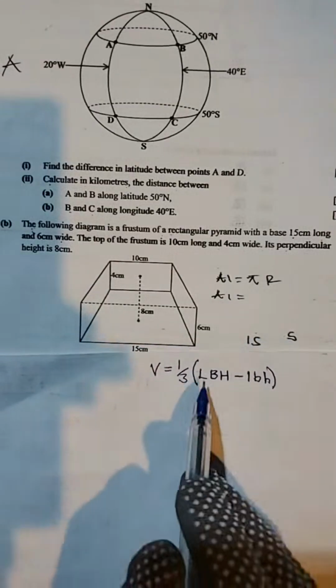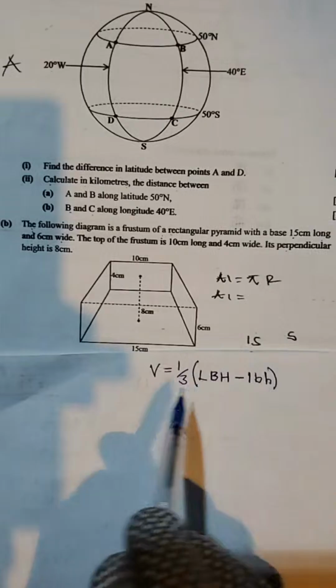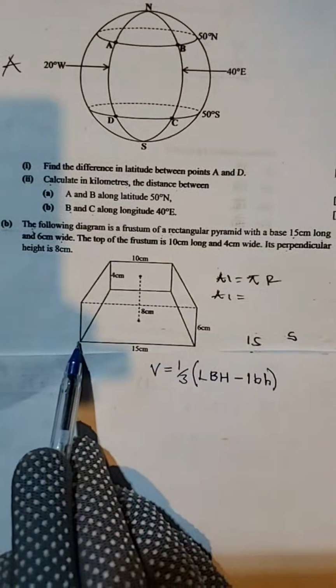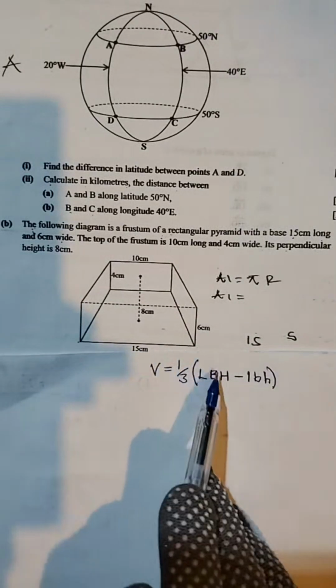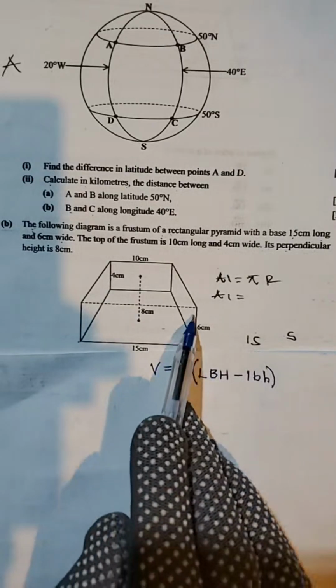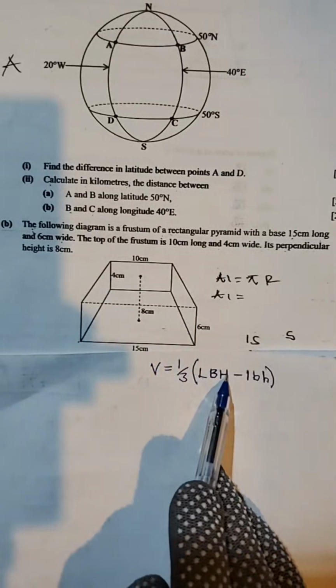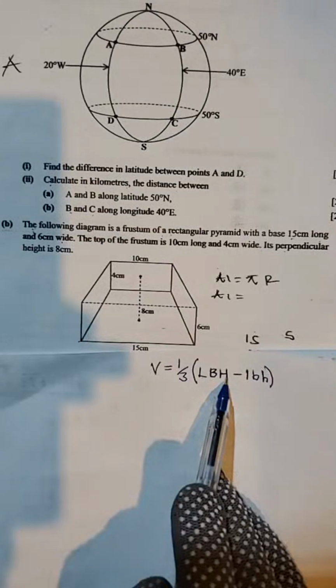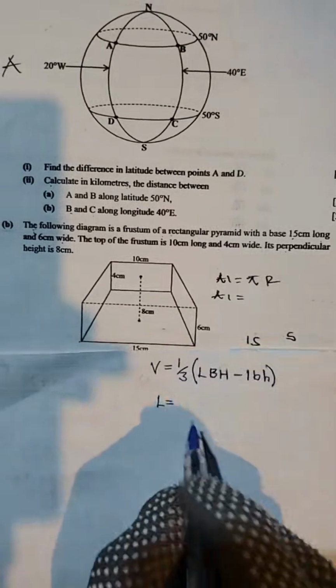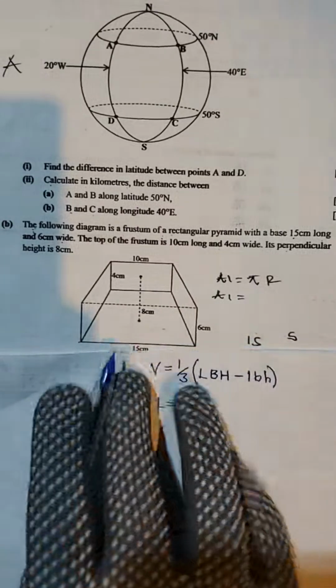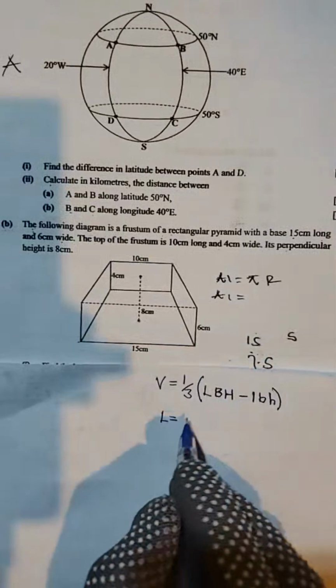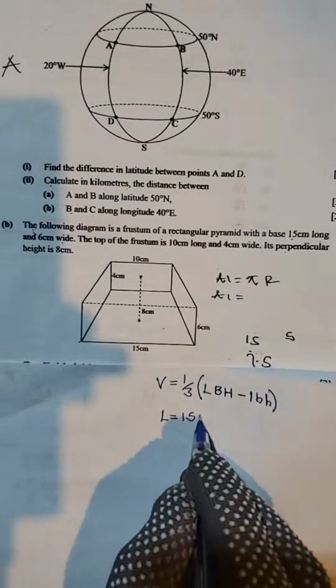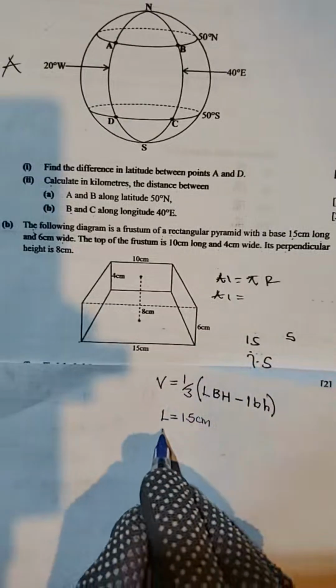Now, do you have the length of the larger pyramid? Yes, we have 15 here. Do you have the breadth? Yes, this one. Do you have the height of the larger pyramid? No, we don't have. So L for the larger is 15 centimeters, as indicated here. What is this B?